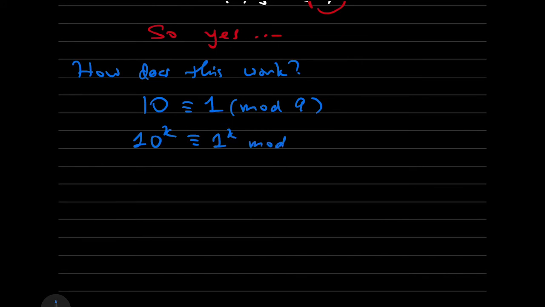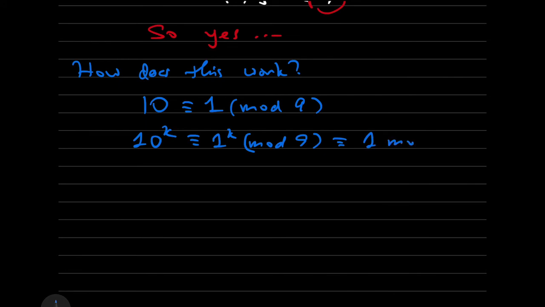The key observation to all of this is the fact that 10 is congruent to 1 modulo 9. And that implies that 10 to the k is congruent to 1 to the k modulo 9, but 1 to the k is just 1. Therefore, every power of 10 is 1 mod 9. So let's think about the number n in terms of its digit expansion.